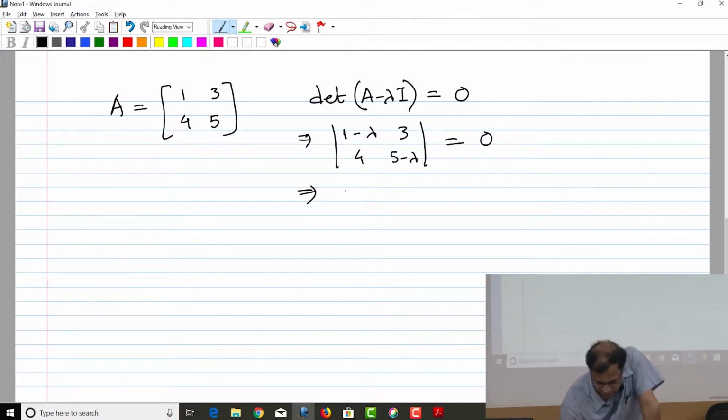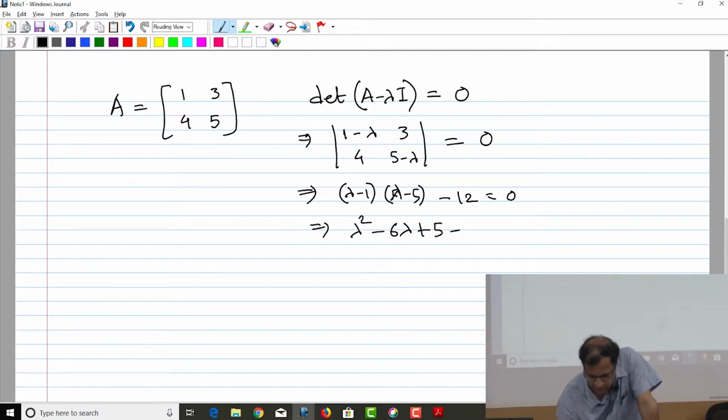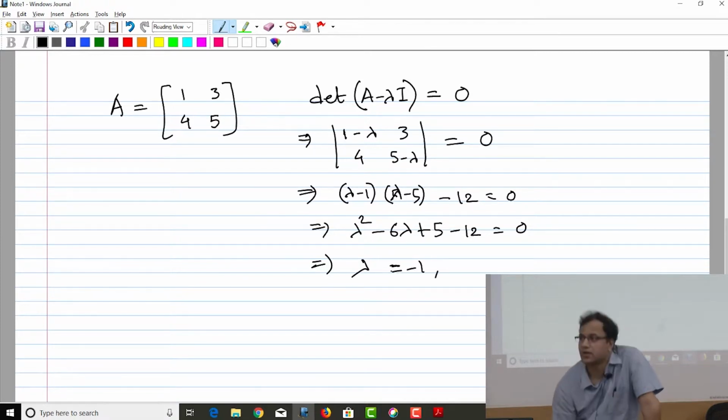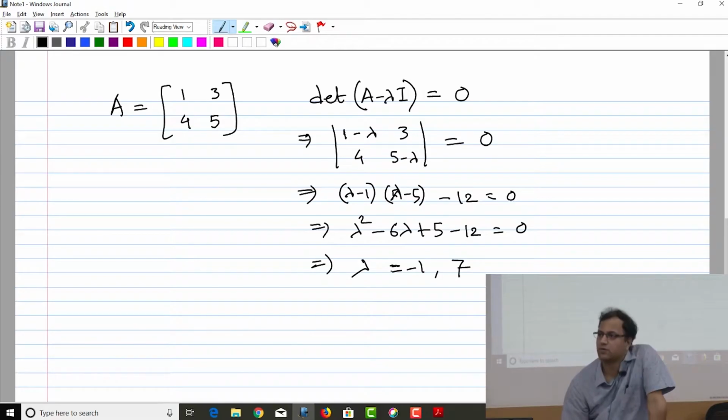Okay. Lambda square minus 6 lambda plus 5 minus 12. So what will be the lambda? Minus 1 and 7.